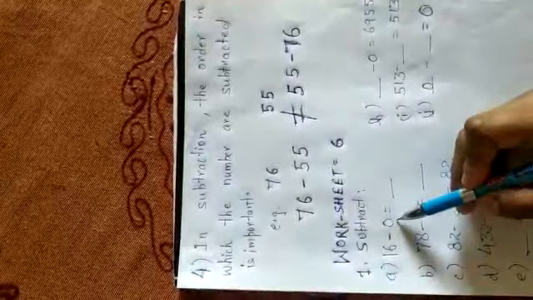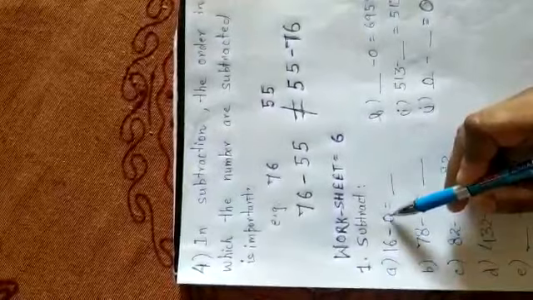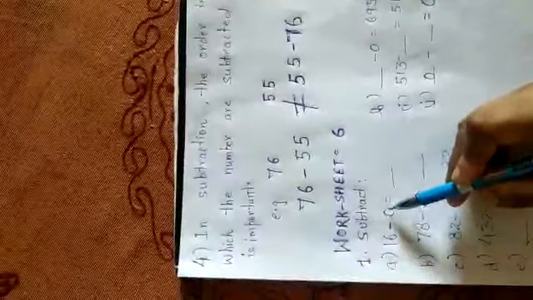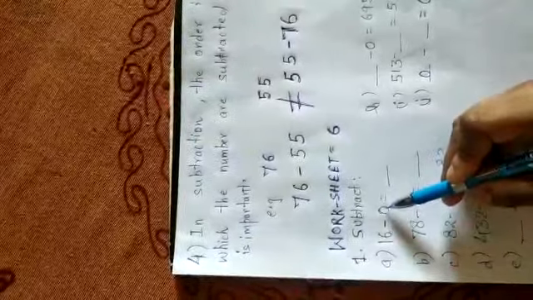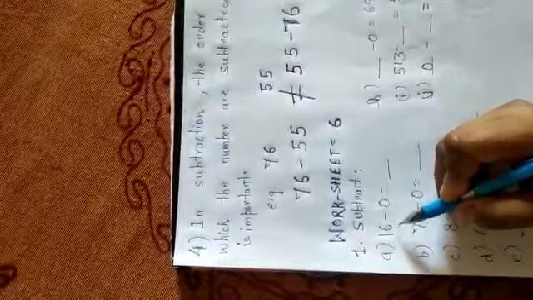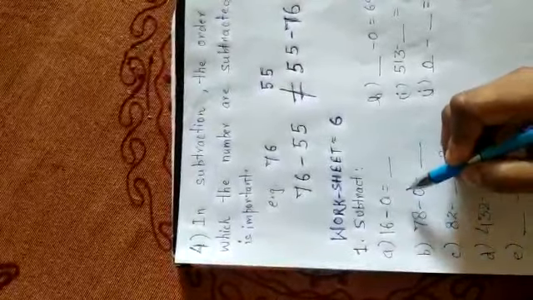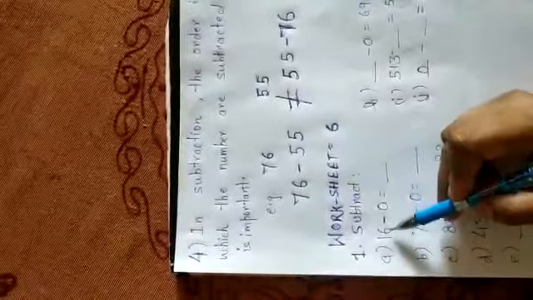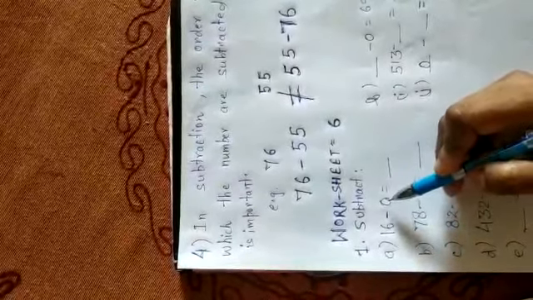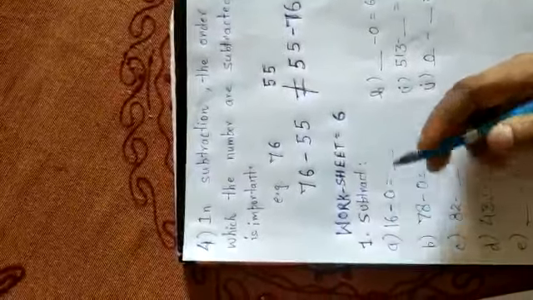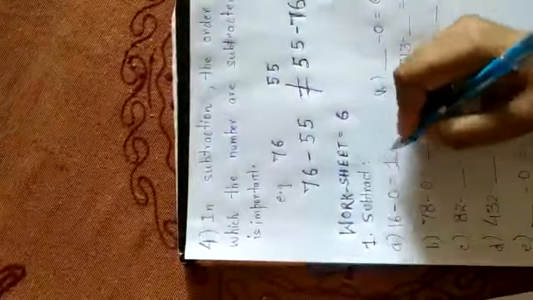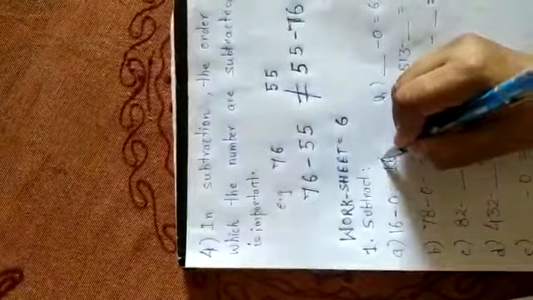When 0 is taken from a minuend, when 0 is the subtrahend, then the difference is the number itself. So 0 subtracted from 16 gives a difference of 16.